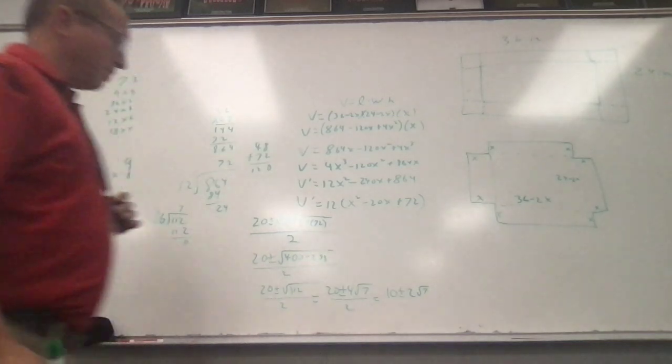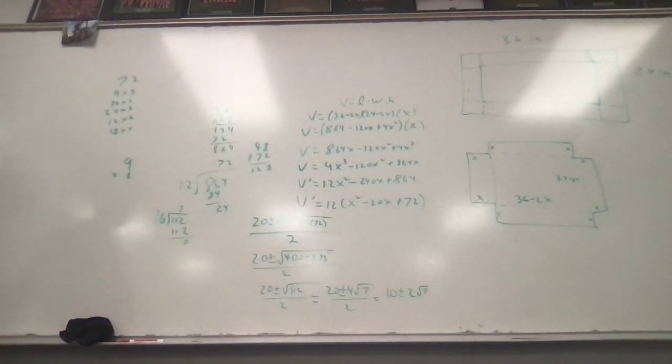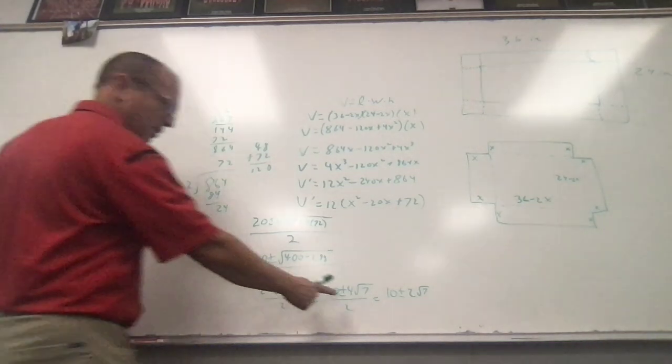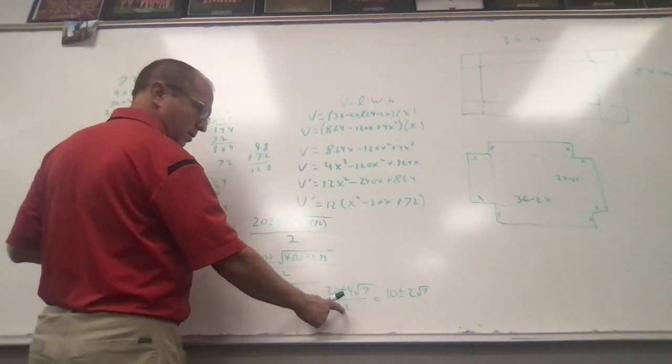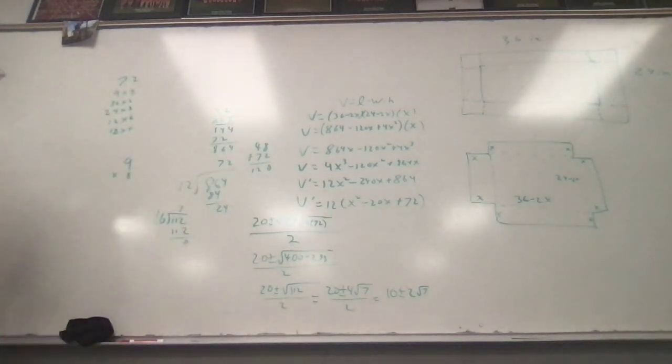All right, so do the calculations for that. You just divided it by 16, so it would be 4. It's 4 right here, but then I factored out a 2. Does that make sense? Okay. So we got 10 plus or minus 2 square roots of 7 there.